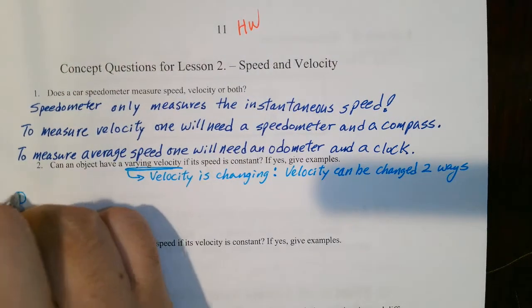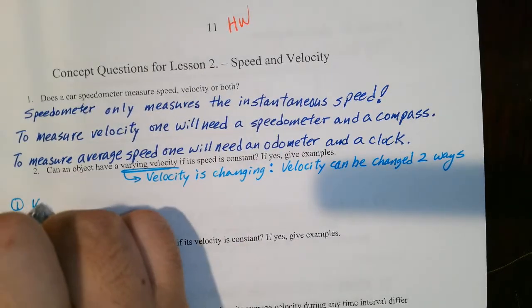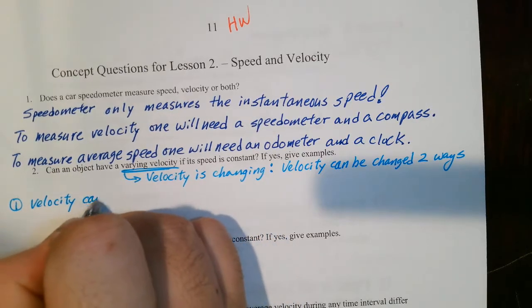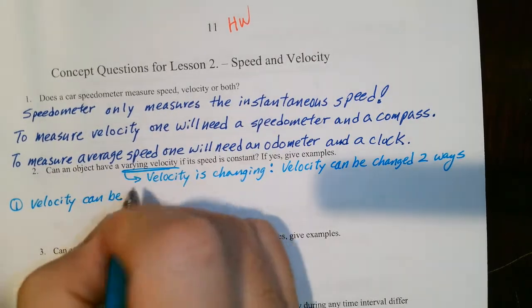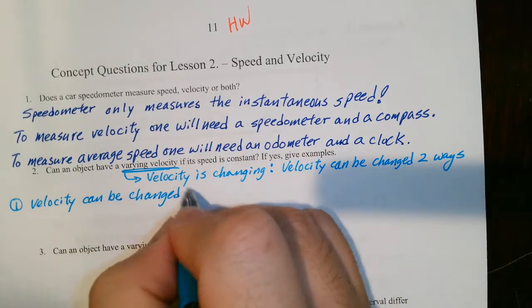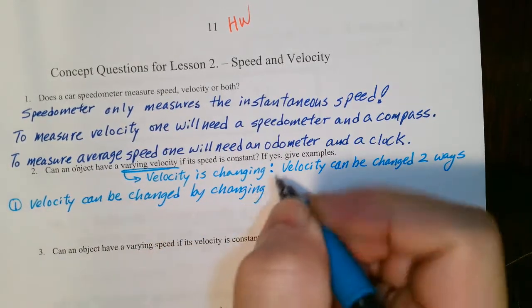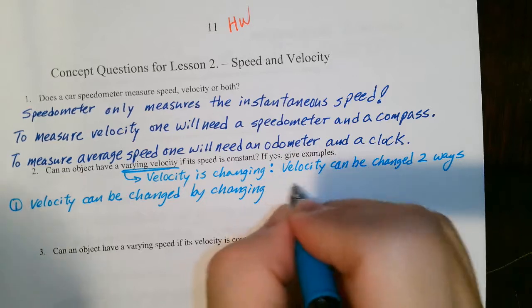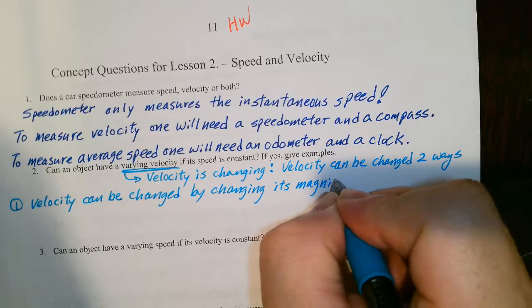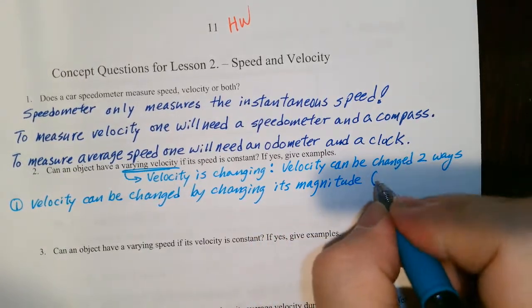One is that velocity can be changed by changing its magnitude, that is, changing its speed.